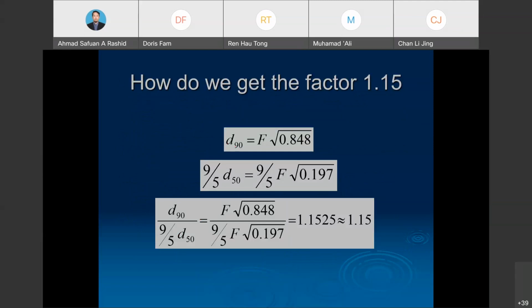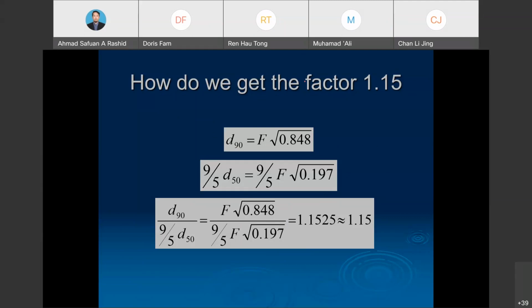Okay. So D50. Because we use the square root of time, the value for the D50, sorry, D90 square root by 0.848, because the TV is 0.848.